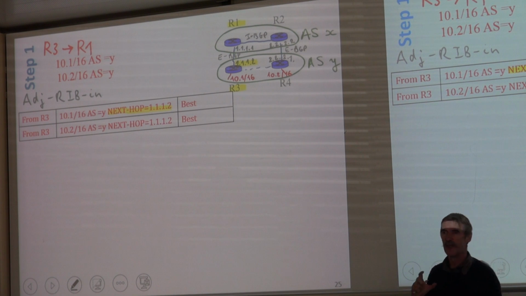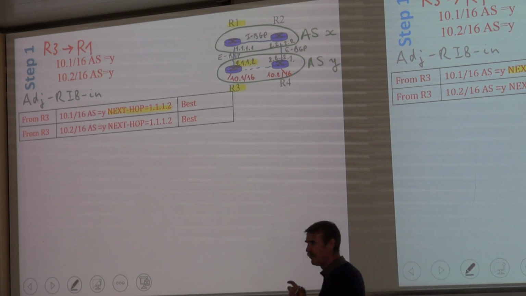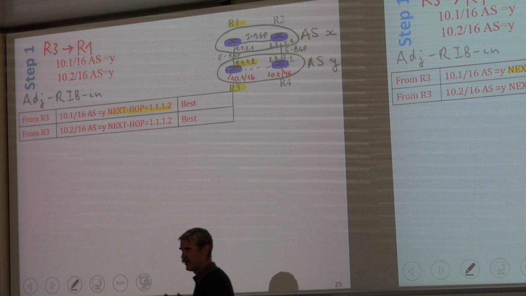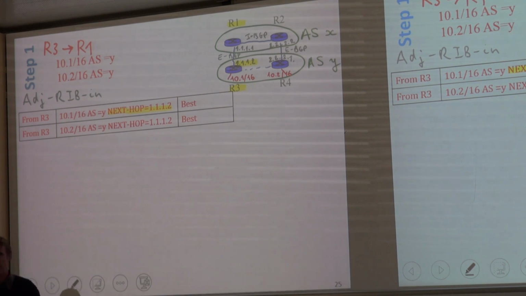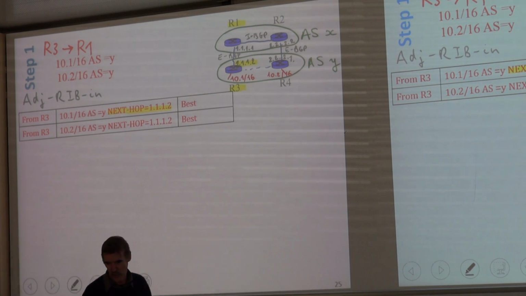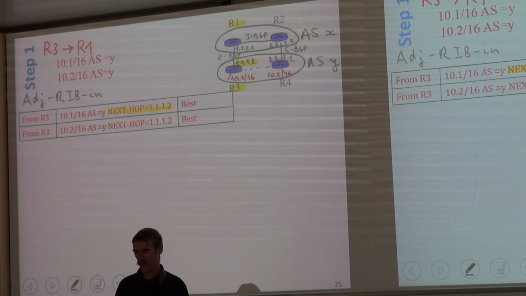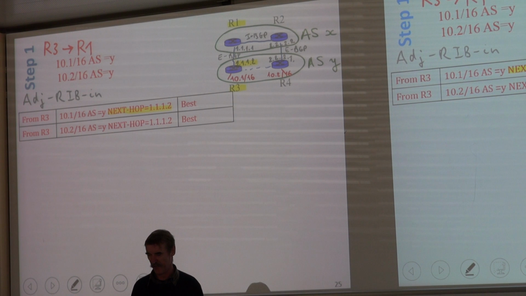The shared link between the two domains is in both domains. It has to be visible by the interior routing protocol, like RIP, of both domains, either by having R1 inject typically the prefix 1.1.1 in the domain of X, and R3 doing the same thing in the domain of Y.